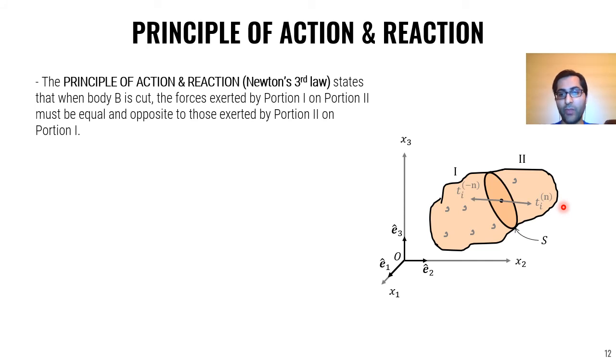Have a look here. Assume we have a potato cut into portion 1 and portion 2 through a surface S. The traction exerted by portion 1 on portion 2 should be equal and in the opposite direction of the traction exerted by portion 2 on portion 1.